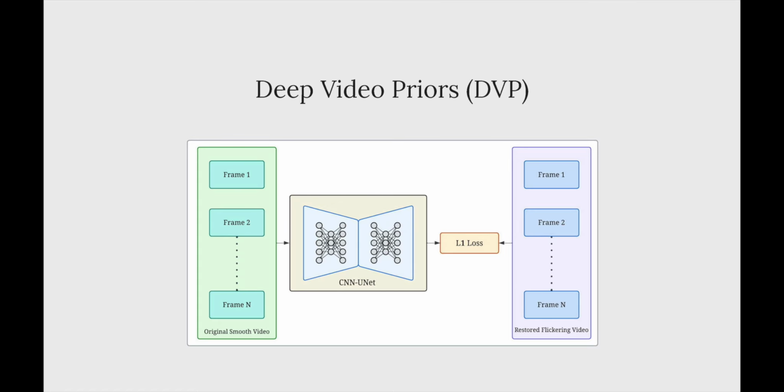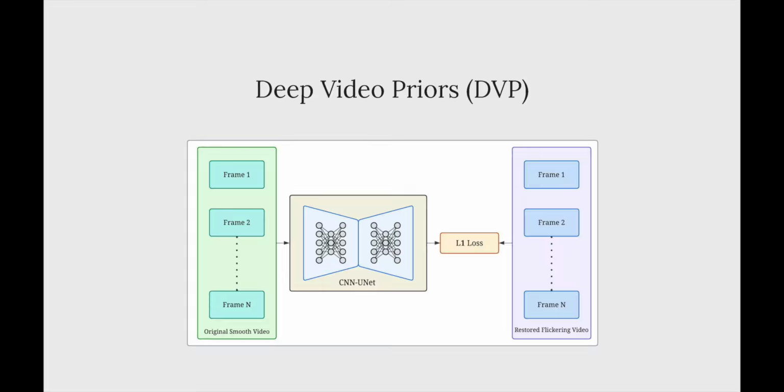I took inspiration from the original deep video prior paper and implemented my own version. The idea of DVP is that if we have an image processing algorithm, in this case see-through processing, that has no temporal awareness, it can be described as some function f, where f is the operator that restores some input image I. It will produce a flickering video if we just apply f to each frame.